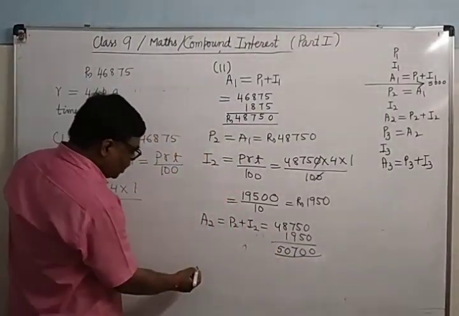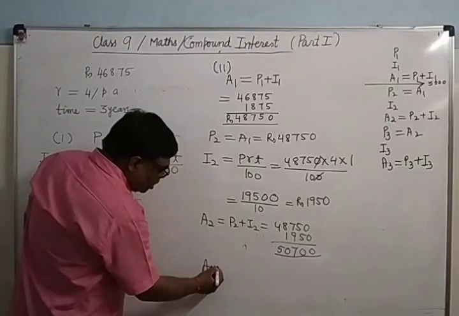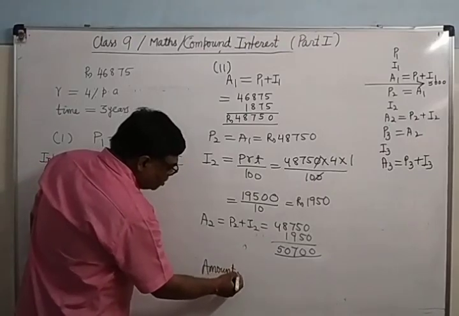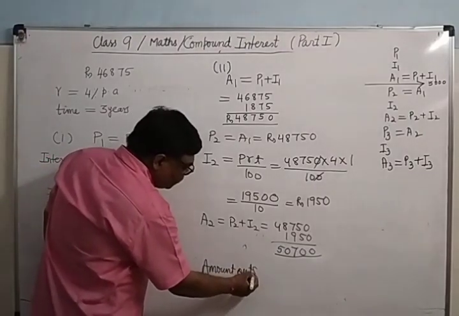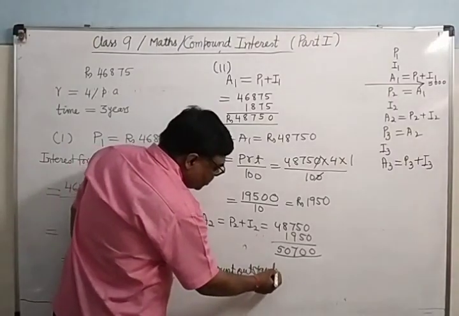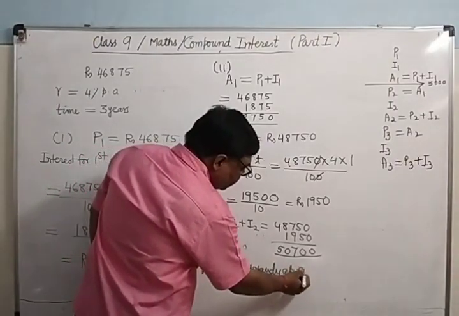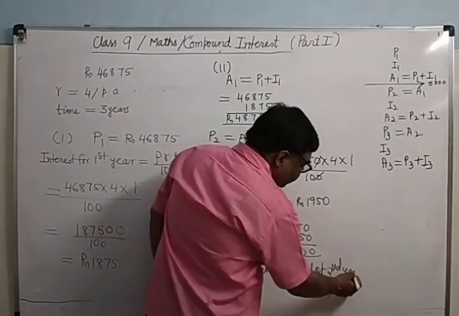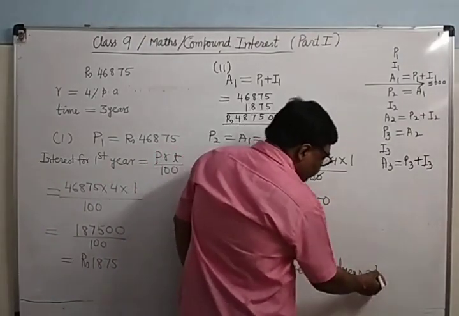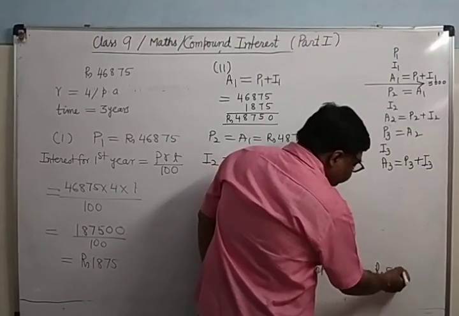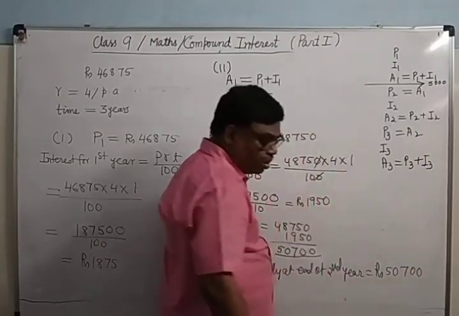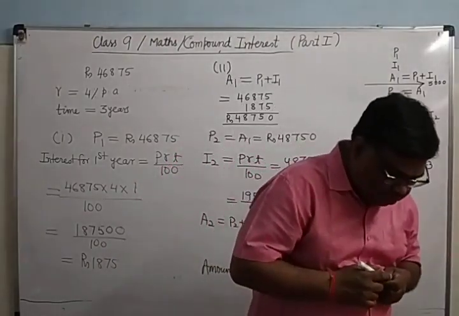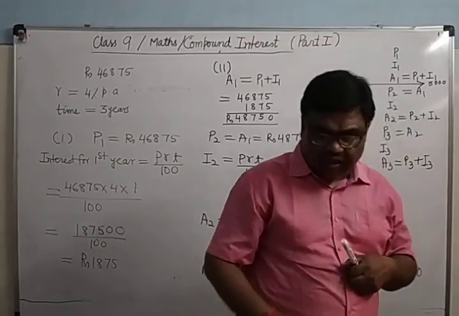So you write down the answer of the second part: amount outstanding at end of second year equals rupees 50700.